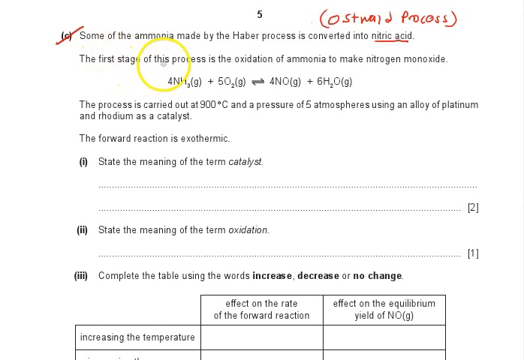The first stage of this process is the oxidation of ammonia to make nitrogen monoxide. The process is carried out at 900 degrees Celsius, a pressure of 5 atmospheres, using an alloy of platinum and rhodium as a catalyst. The forward reaction is exothermic. It means it is releasing a lot of heat. The word catalyst is the same as an enzyme. So state the meaning of it.